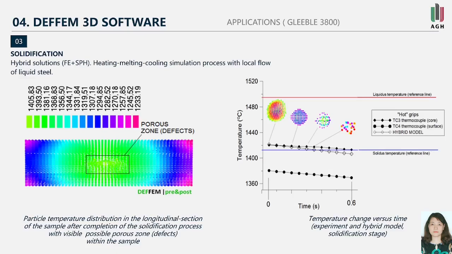The main purpose of this simulation was to evaluate the model's possibility of predicting defects in the sample volume. We can see in this picture the core temperature change versus time for experiment and simulation.